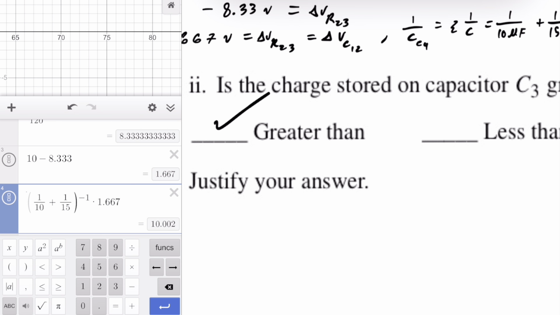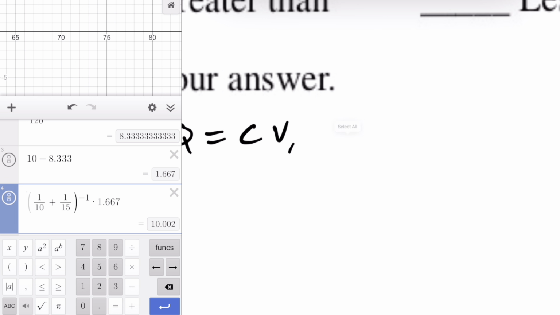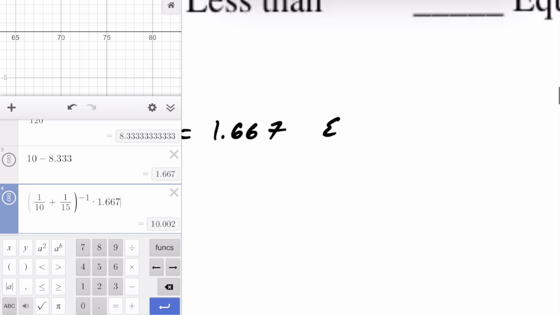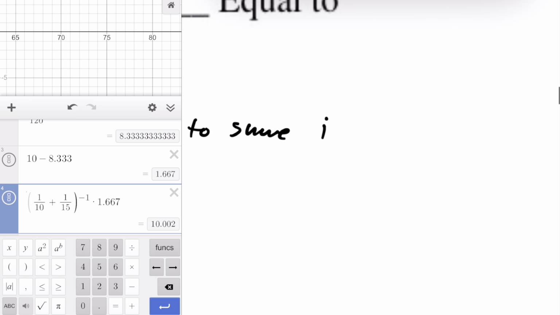We're going to say greater than. We're going to say by Q equals CV, since delta V equals 1.667 and C2 shares 0.667.